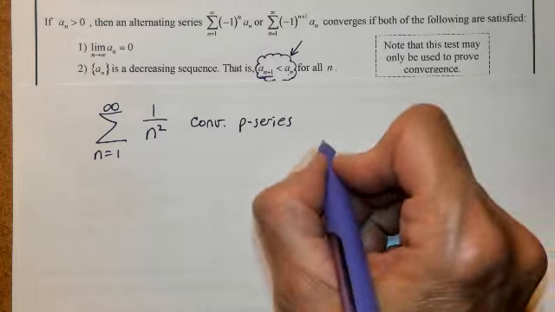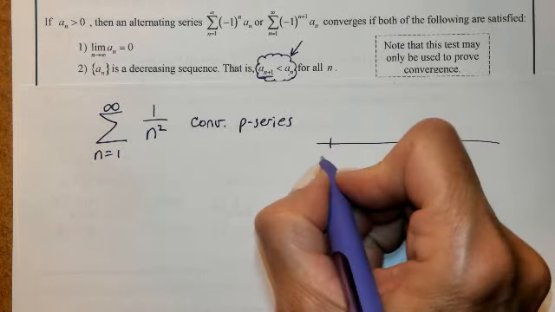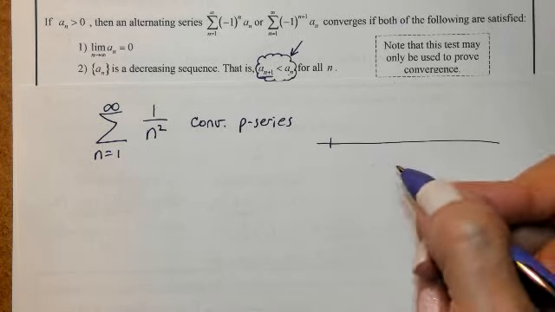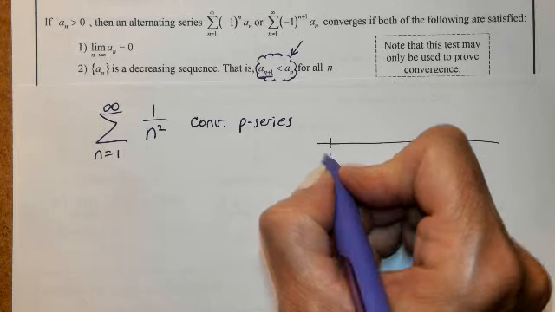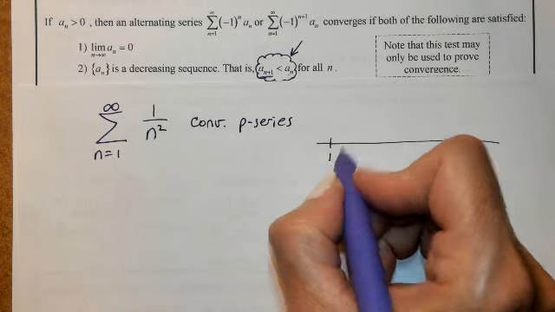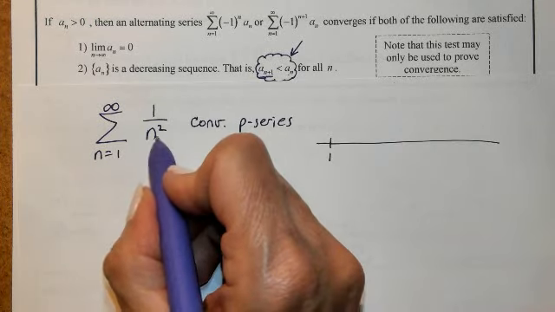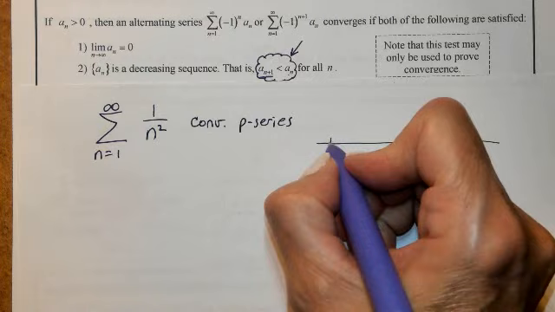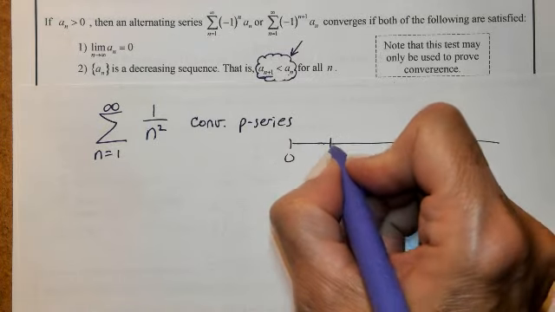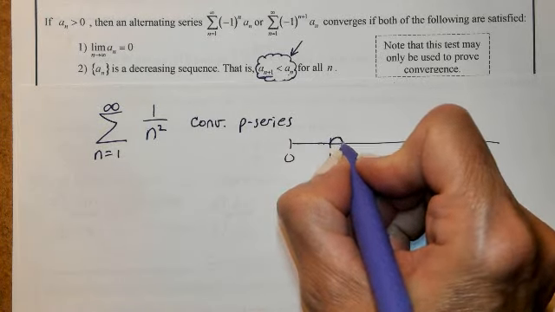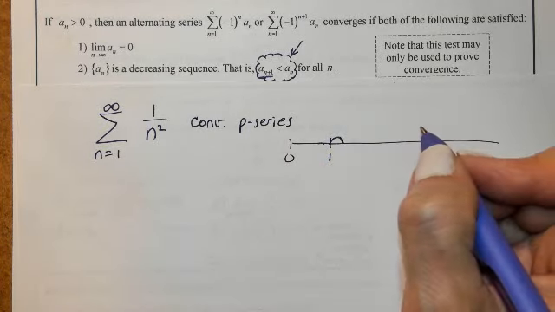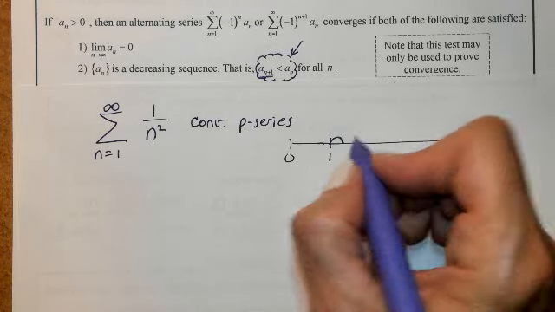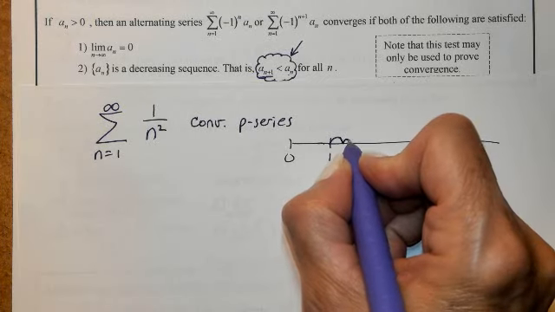That means if we started out, we'd be starting out our series of partial sums here. We'd start out at 1, because when I put 1 in for n, I get 1. Then I'd be adding 1 over 4. I'd be adding 1/4. And then I would be adding 1 over 9, right? I'd be adding a 9th.